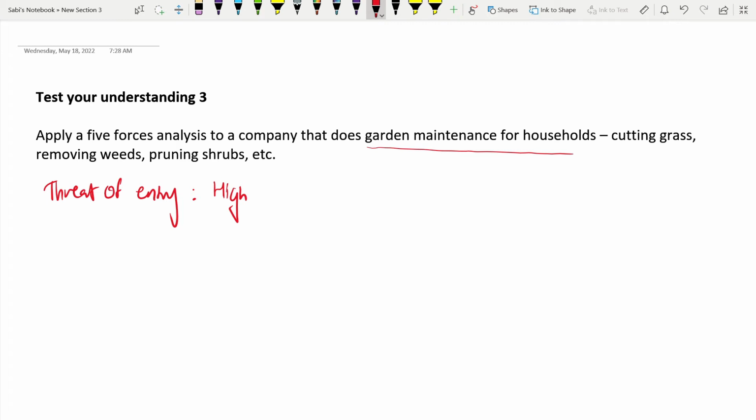Threat of entry is high because in this industry only a modest amount of capital and know-how are needed. You need to know how to do it.